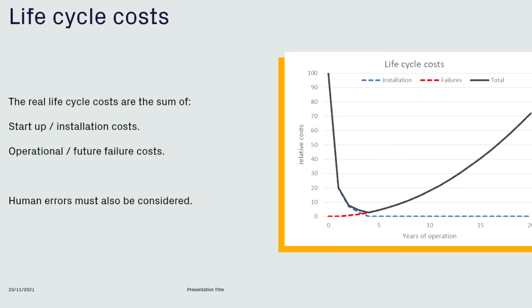Initially, if we start up a project for an installation, you have the initial costs. You have the installers, you have the engineers, you have also to buy all products, all things you need to put in the installation. But those costs will decrease very fast because at the end of the project you can start producing.